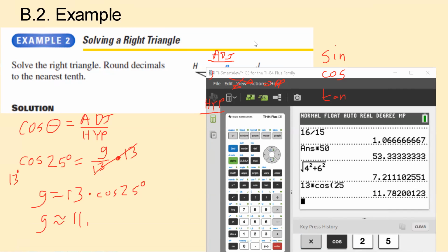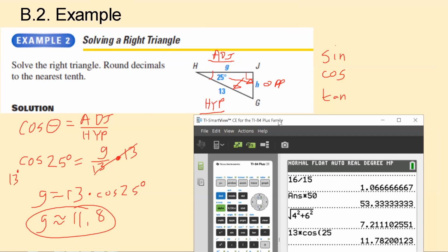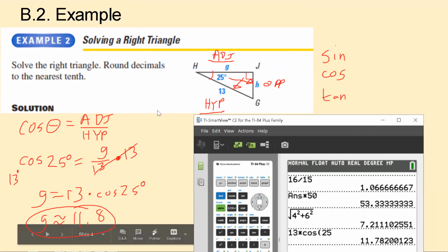So it's round to the 10th, so 11.8. All right, do I have any questions about how we found G?